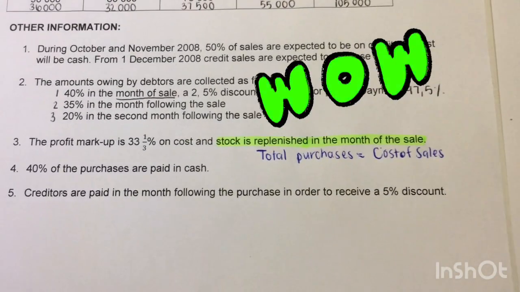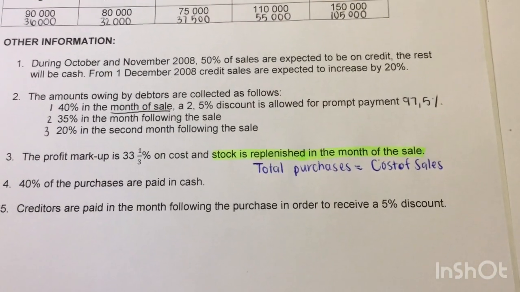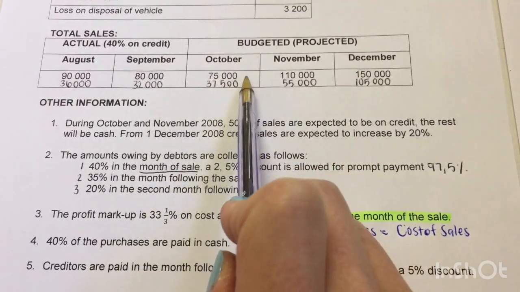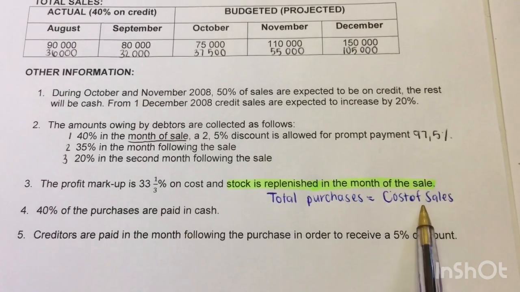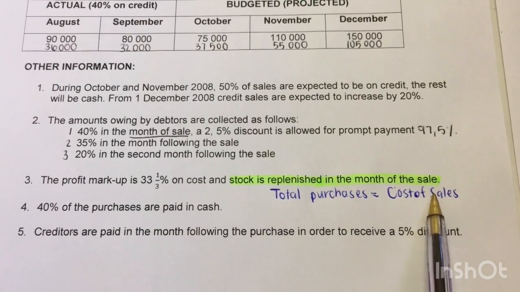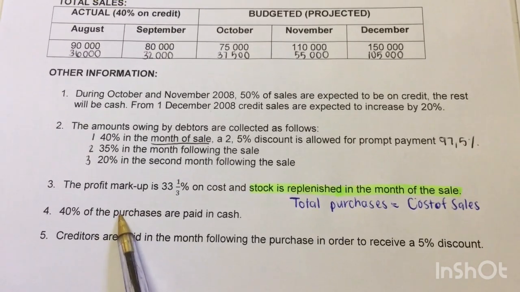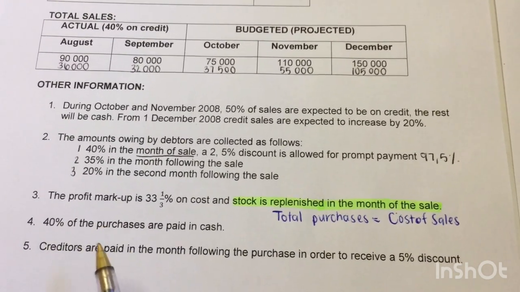It is extremely important to realize that. So they give me the profit markup along with the sales amounts to work out cost of sales. From cost of sales, I need to move to total purchases, and then I go and split it. So we're going to take it slow.